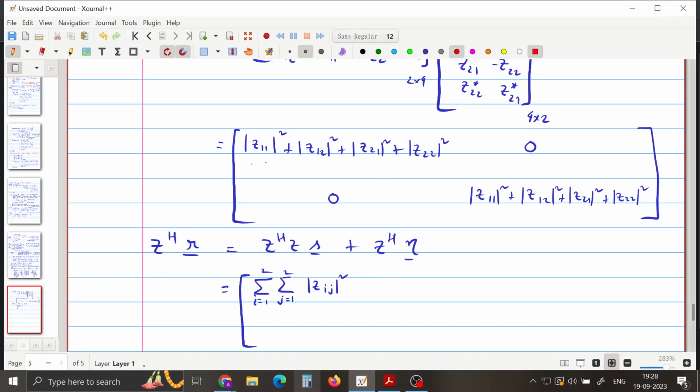This term and this term denote the same thing. I am just writing it in a compact manner. Okay, and sorry, the off diagonal element is 0. Similarly, this would be the other diagonal entry, which is the same.